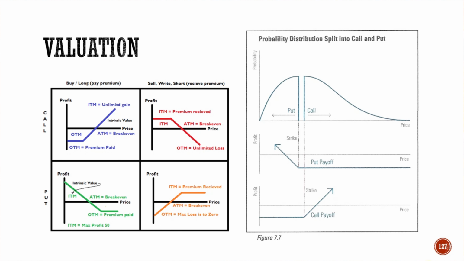Here's another picture of how options work. So on this side we are buyers of options, and on this side we are sellers of options. So here we go. We have a contract at a certain price. Here's our premium, and we're out of the money. And once we hit our break even, then we start creating intrinsic value.